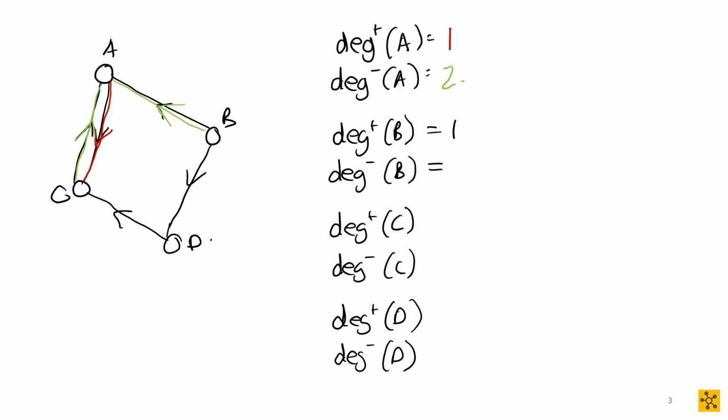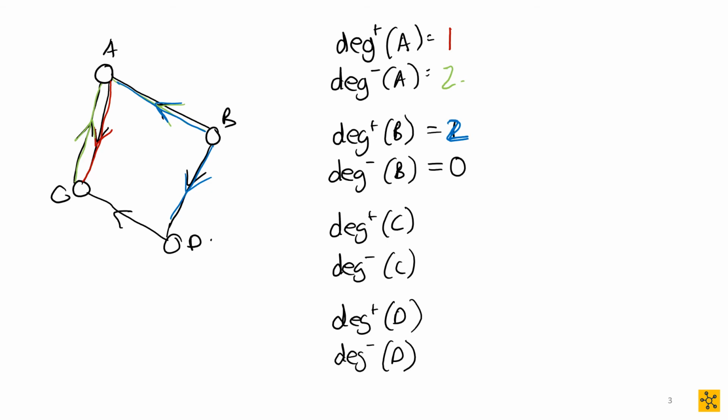The arcs radiating into B, oh, I made a mistake, didn't I? Arcs radiating into B, we have this one here and this one here, so this is actually 2. Radiating out of B is 0.